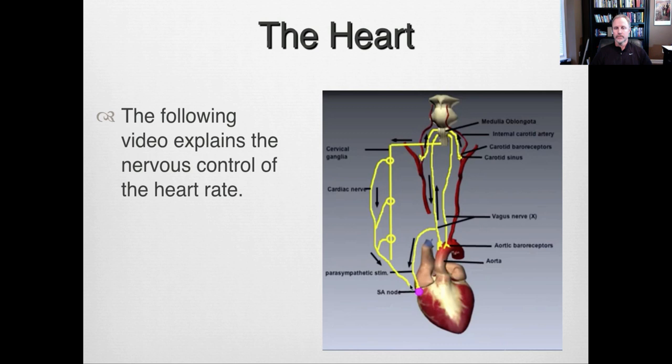Then, depending on whether the blood pressure is too high or too low, a correction signal can be sent down either via the vagus nerve and parasympathetic fibers to inhibit and decrease the heart rate, or via sympathetic fibers through the cardiac nerve, or the accelerans nerve, releasing norepinephrine and stimulating the heart rate. Okay, so you can consider the cardiac nerve that he's discussing there, the accelerans nerve, does the same thing.